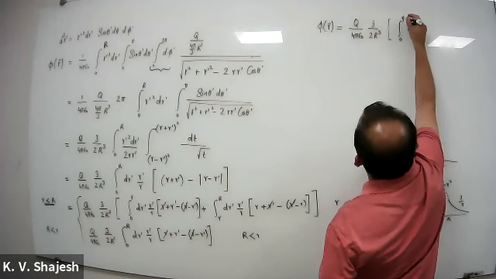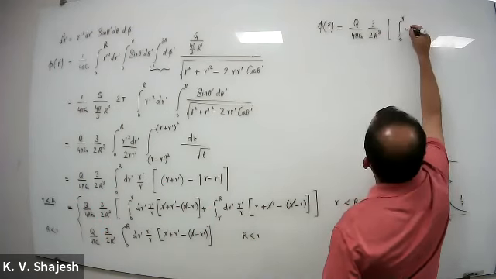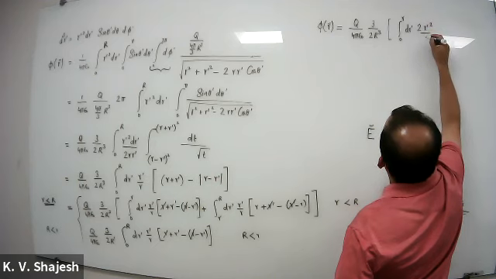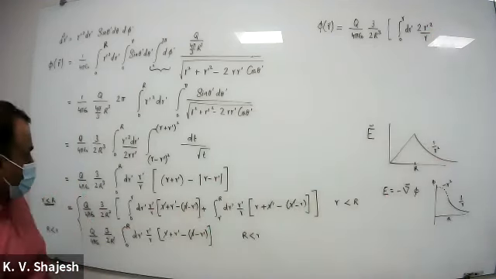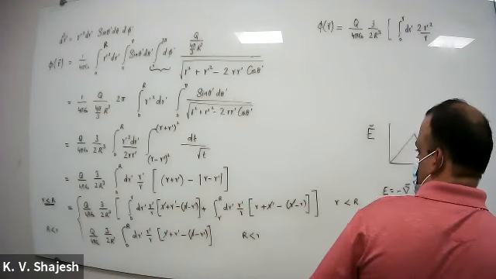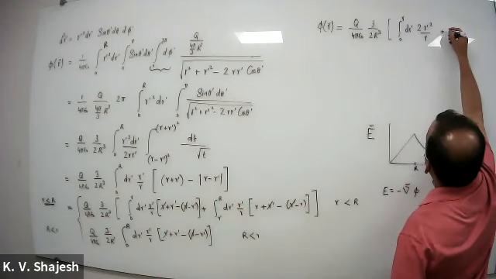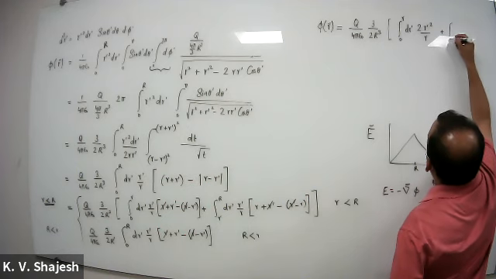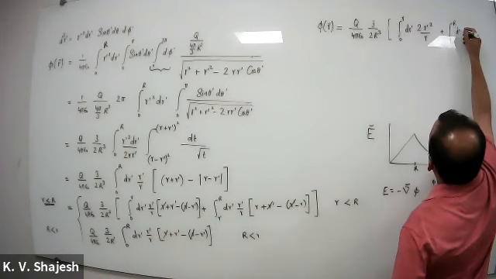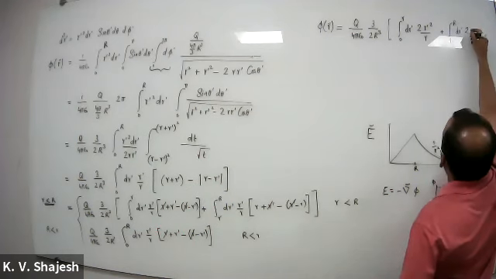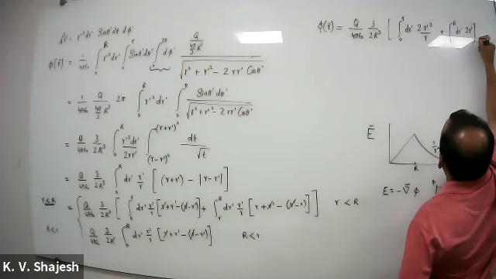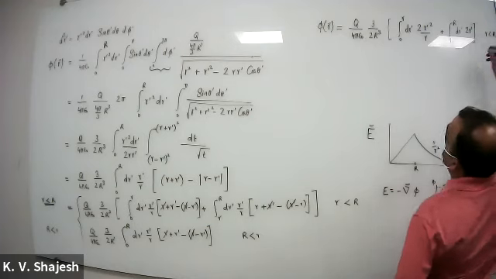So this is the integral from 0 to r of dr prime, 2 r prime squared divided by r. That's this integral out here. And the next one is 2 times r, where r cancels out, so that's plus 2 times r prime, integrated over r prime from r to capital R. This is when r is less than R.